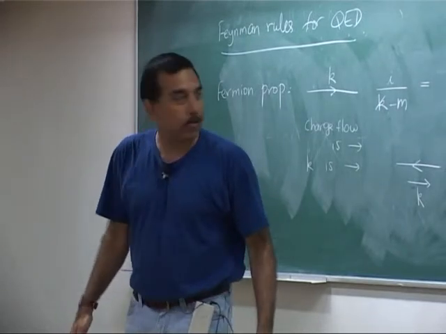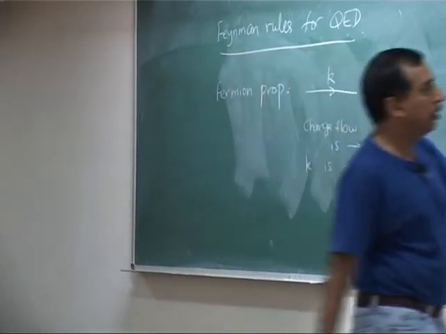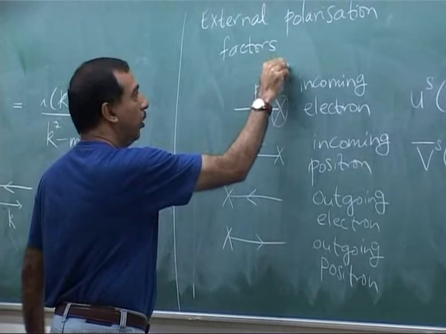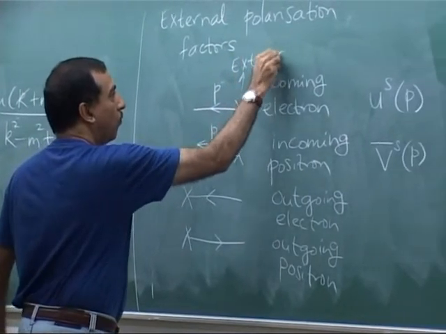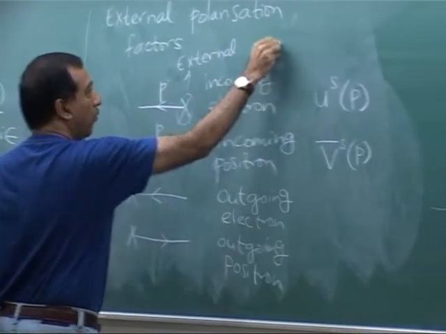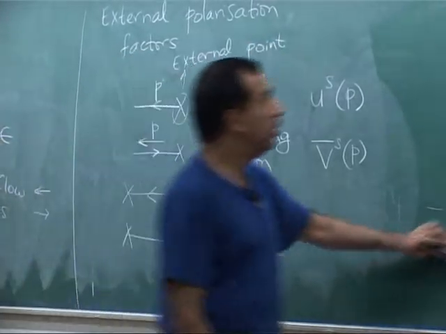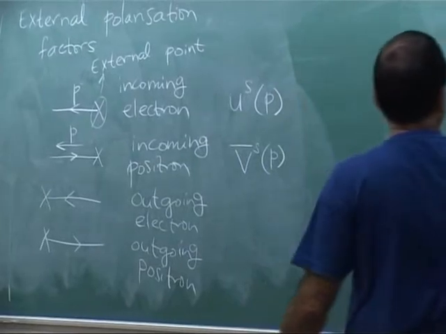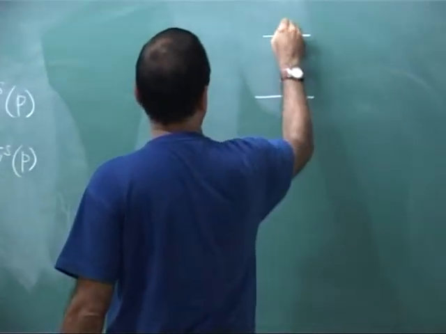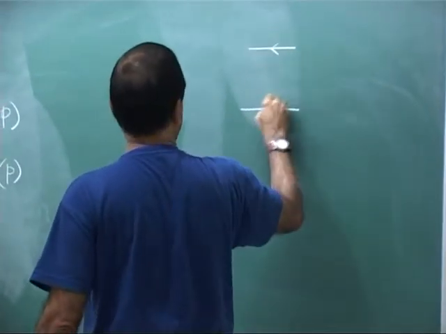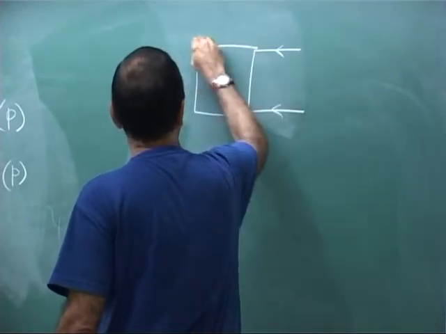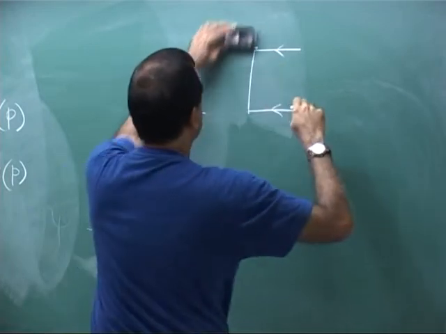The cross represents the external point. To be very concrete, imagine this first line in a diagram where I have two incoming electrons.